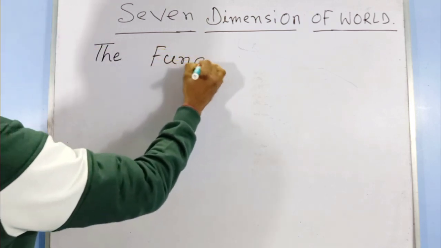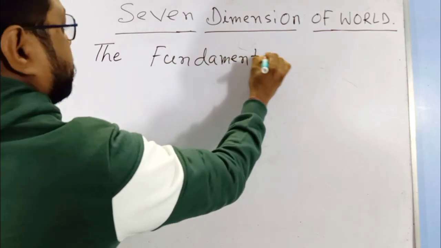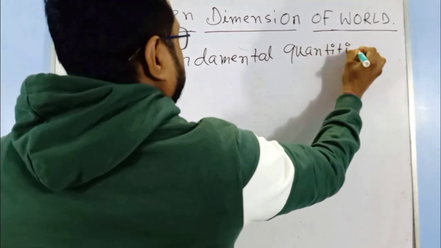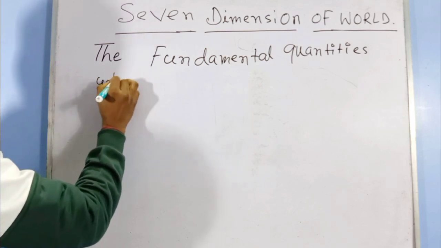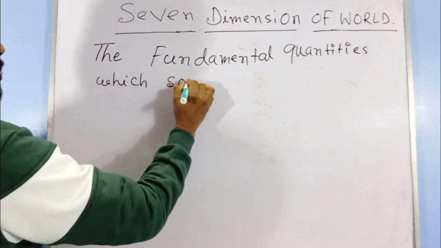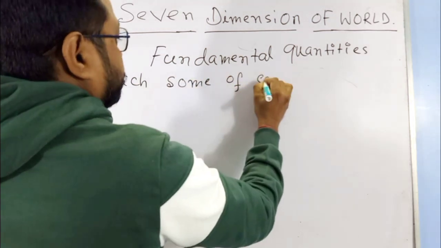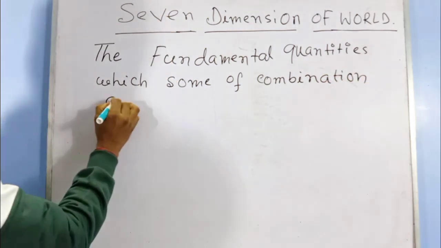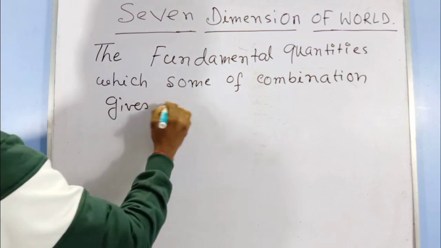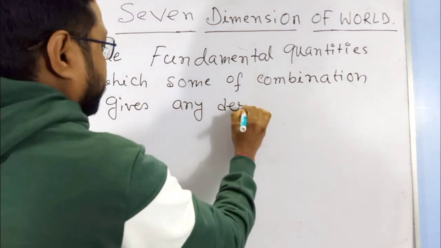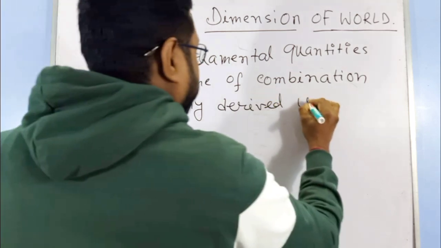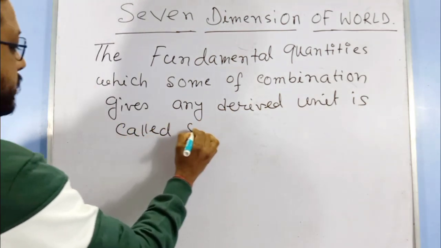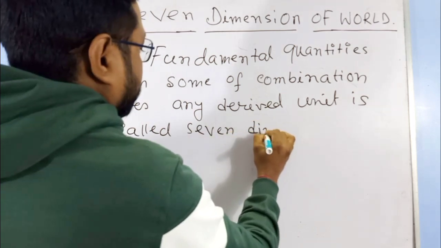the fundamental quantities whose combination gives any derived unit is called the 7 dimensions of the world.